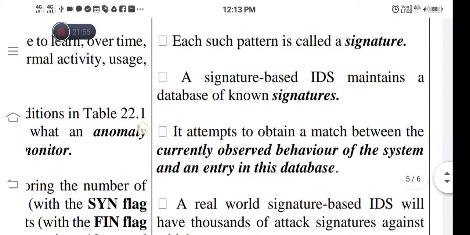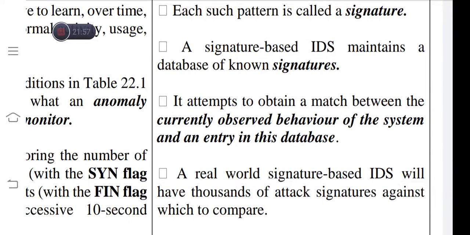It attempts to obtain a match between the currently observed behavior of the system and an entry in this database. That is, according to the current system behavior, it will try to find out the pattern, in what way the system is behaving, and that information will be stored in the database.